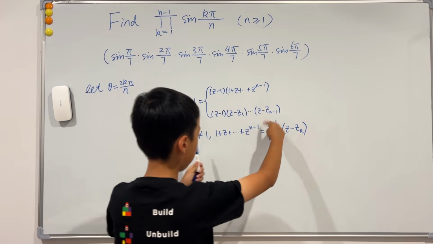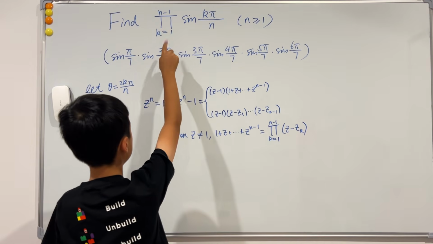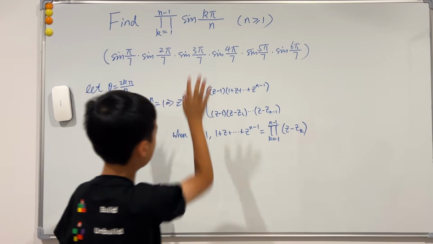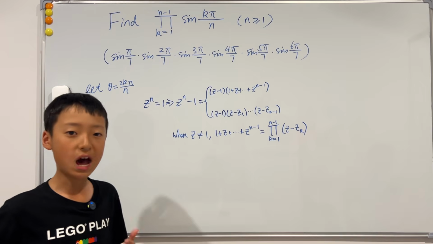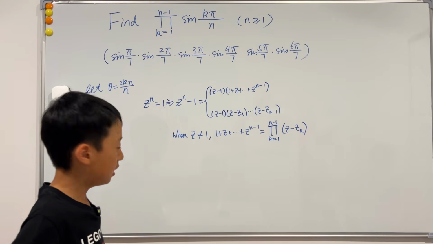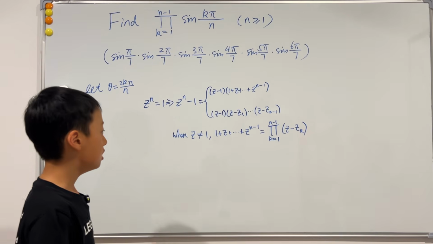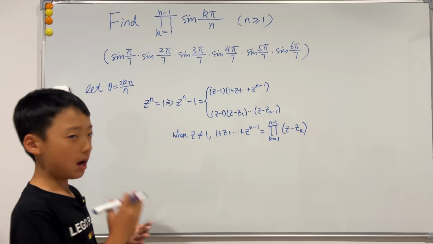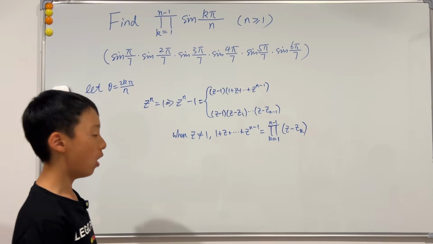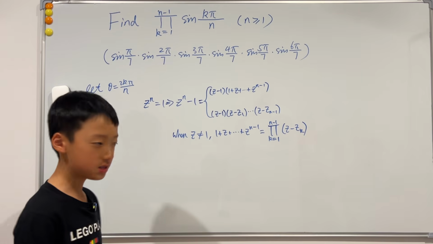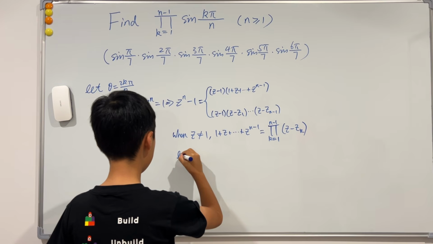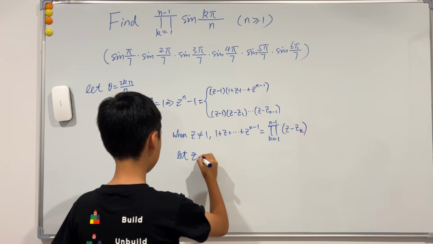So now look, the capital pi is starting to look similar to that, but the inside is not even close. And also, for you high schoolers, this might sound a little off, but just power through, and I will tell you why this is doable after. So what I'm going to do is I'm just going to let z be equal to 1.